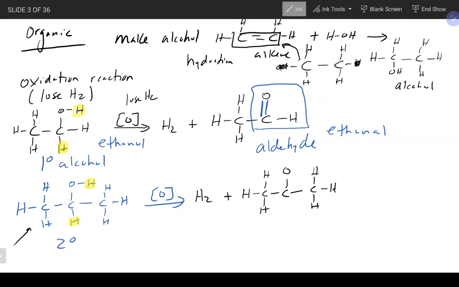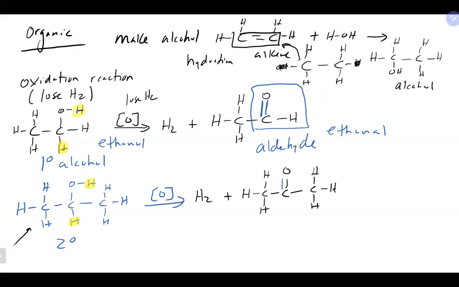And that will then make our 3 carbons with a carbon oxygen double bond. That is a ketone, right? So if you oxidize a secondary alcohol, that is how we make a ketone.